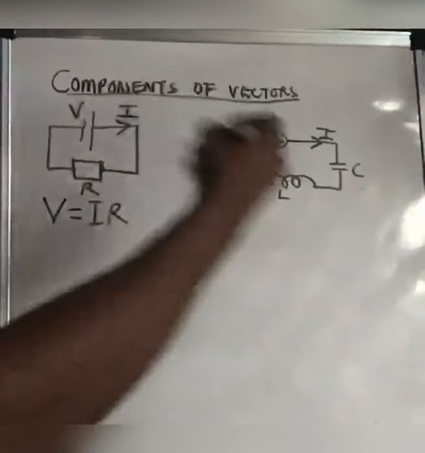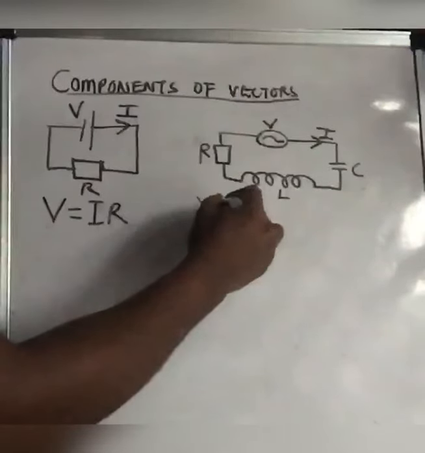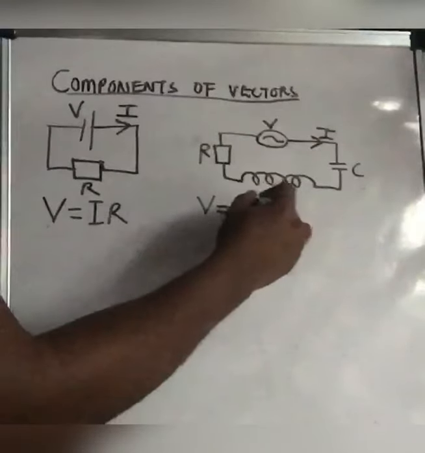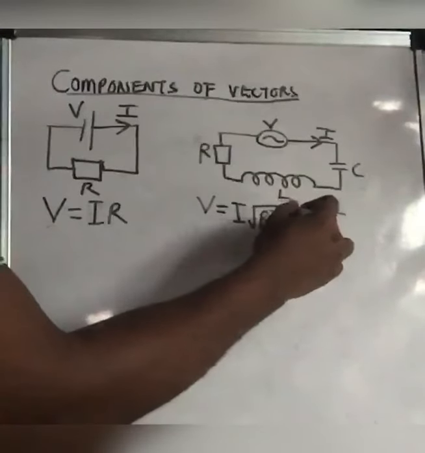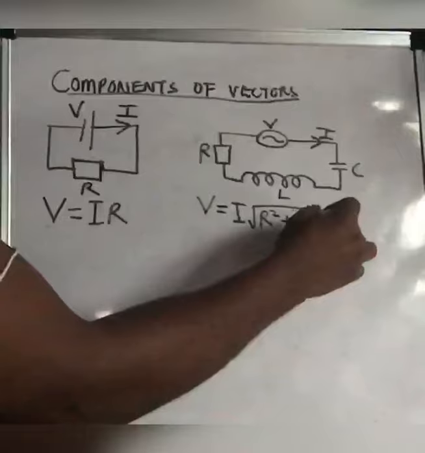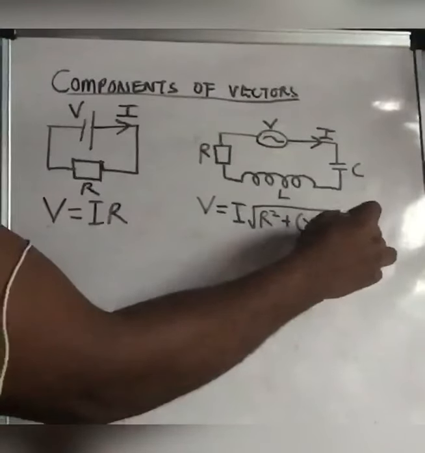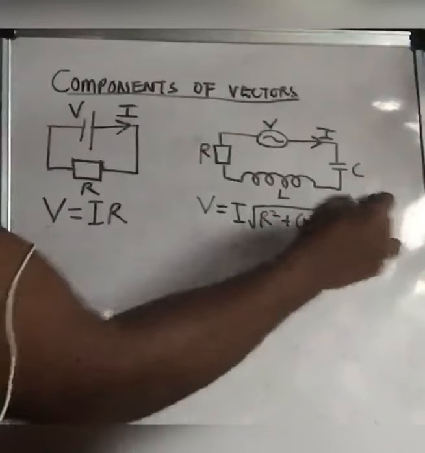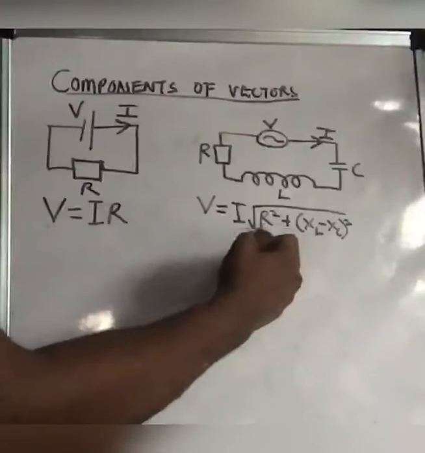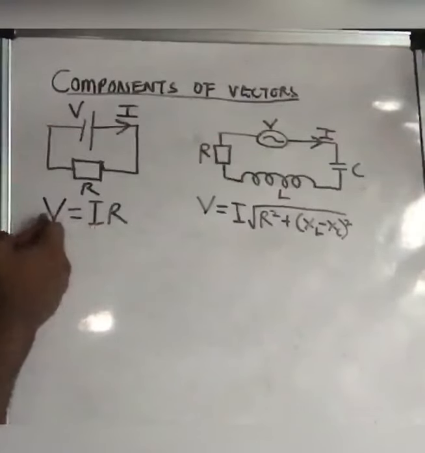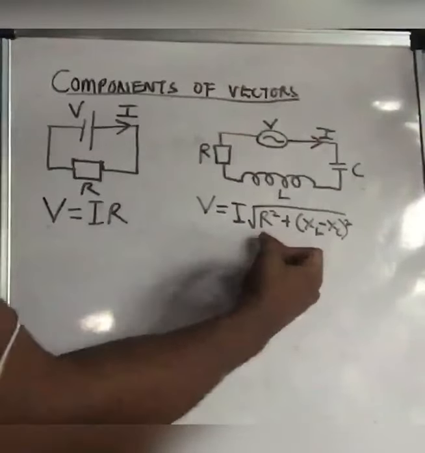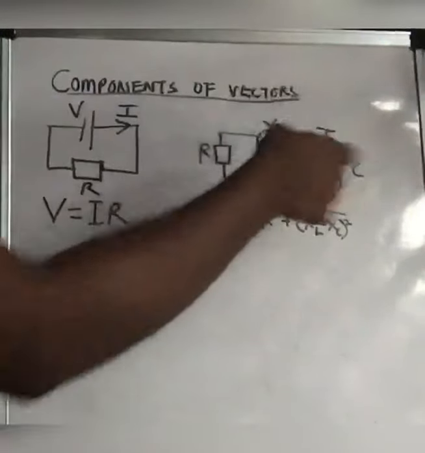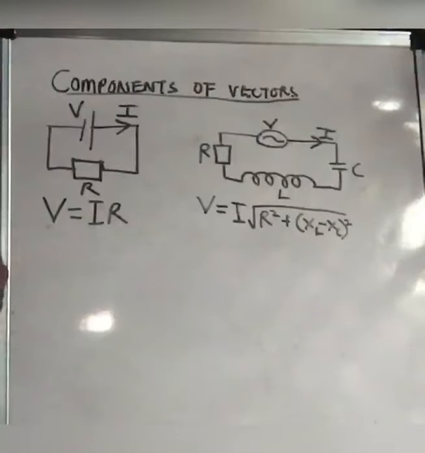So in this case, your voltage is equal to the current times this term. So this is the effective resistance. Just like your voltage equals your current times the resistance here, this is voltage equals current times this effective resistance in the alternating current circuit.